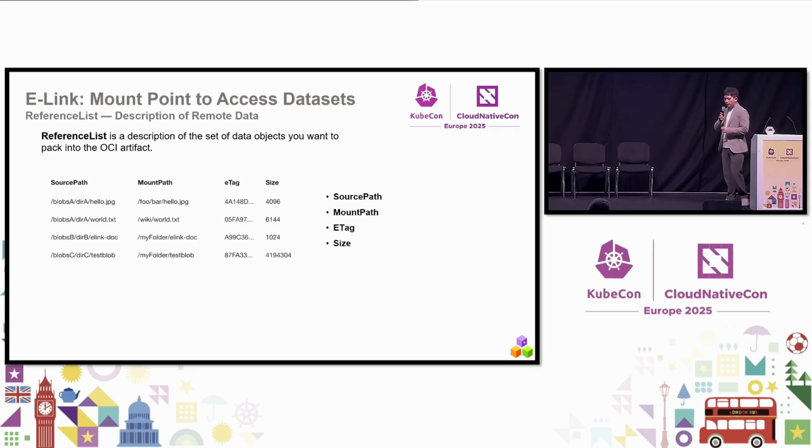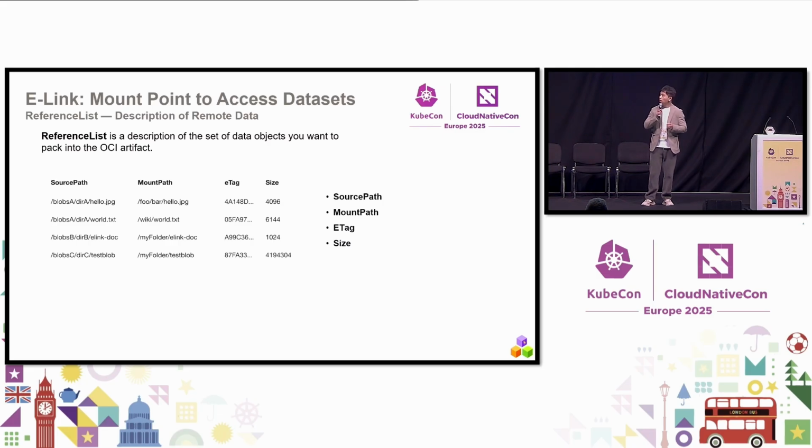It contains a set of records. Each record has at least 4 parts. The source path is the original path for the object in the remote storage. The mount path is the path when you access the object from the mount point. E tag reflects the data changes and it represents a version of the object.